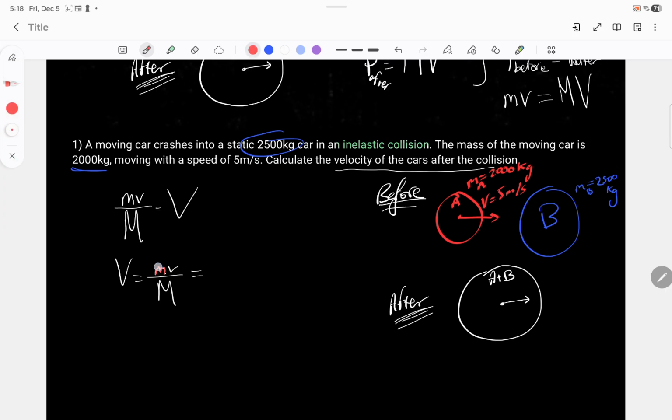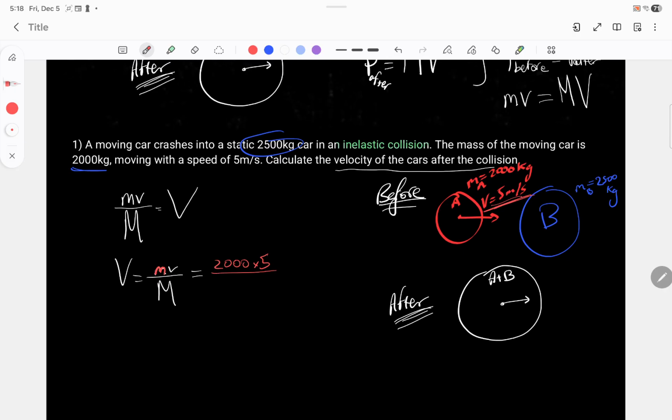Small m is the mass before the collision, the mass of the moving object before the collision. And in this situation, we know that it is mA, 2,000 kilograms. So we're going to plug that number in, 2,000, multiplied by small v. And remember, small v means the velocity before the collision. And this is exactly what we have here, 5 meters per second. So 2,000 times 5, all over big M.